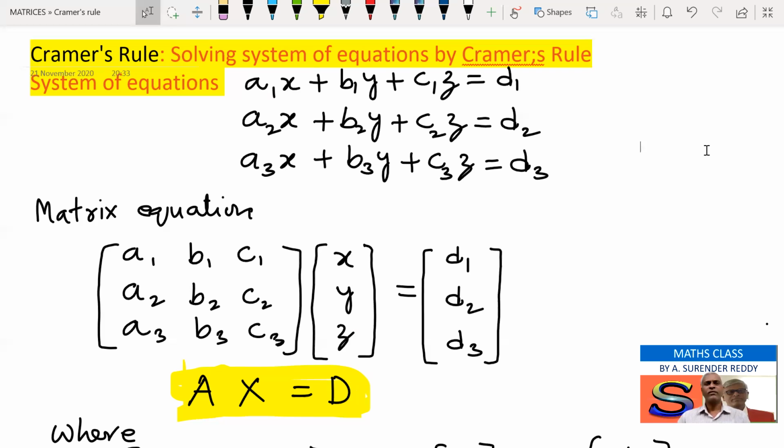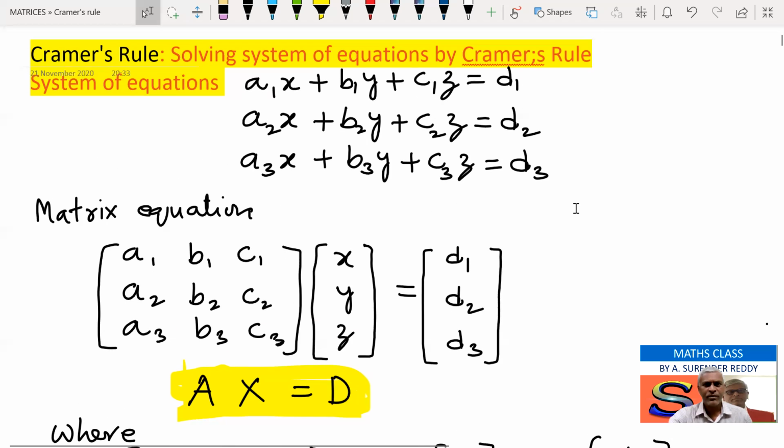Now consider the given system of equations as a1x plus b1y plus c1z is equal to d1, a2x plus b2y plus c2z is equal to d2, a3x plus b3y plus c3z is equal to d3 be the given system of simultaneous equations in three variables x, y, z.